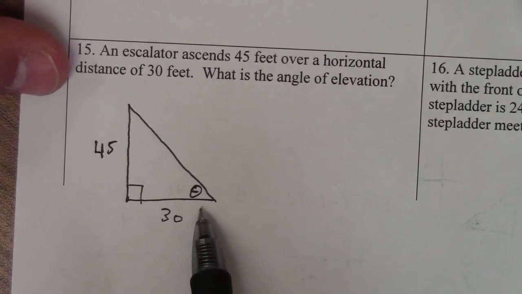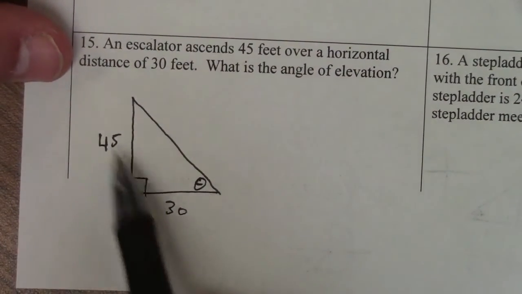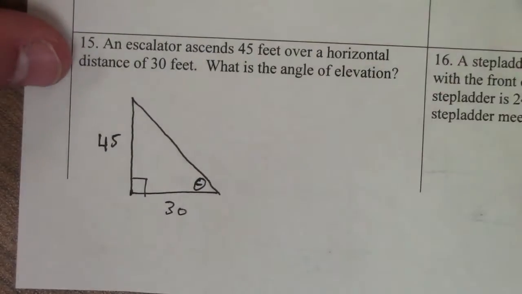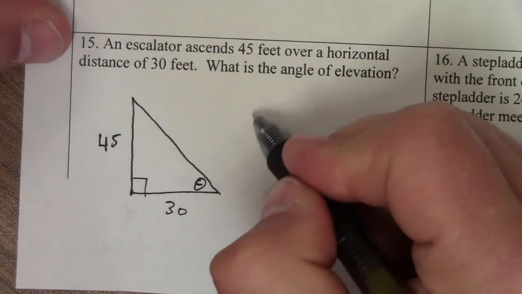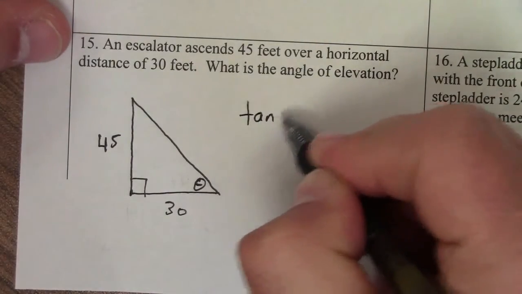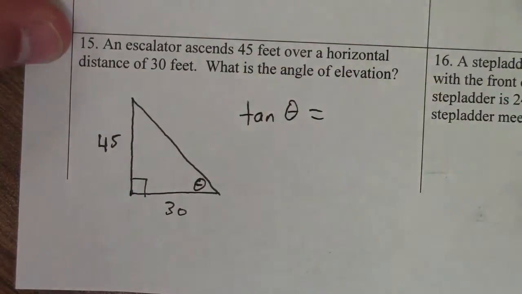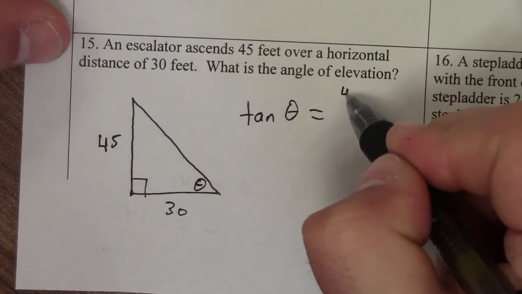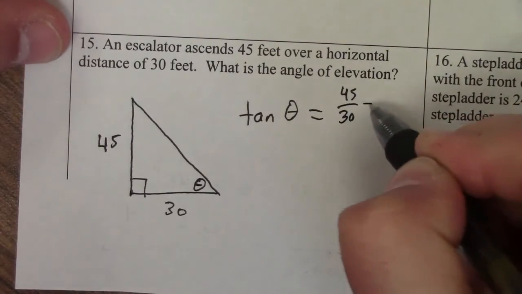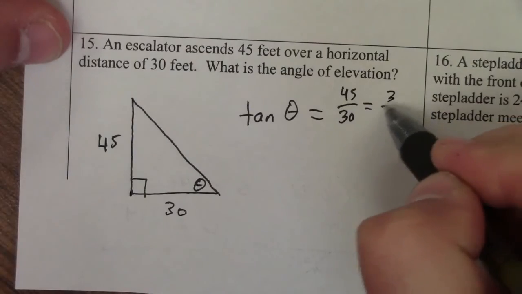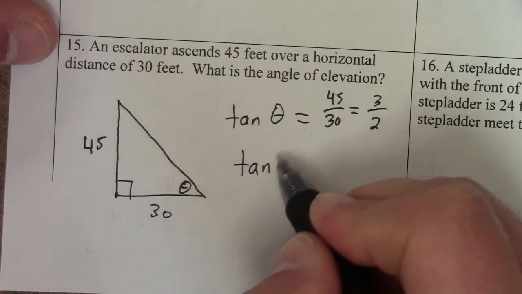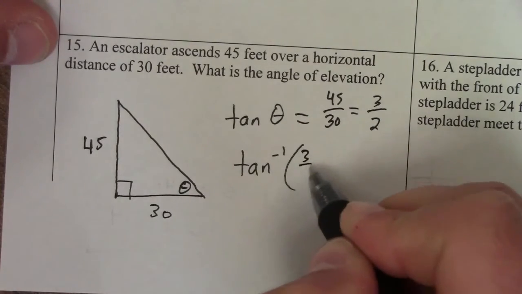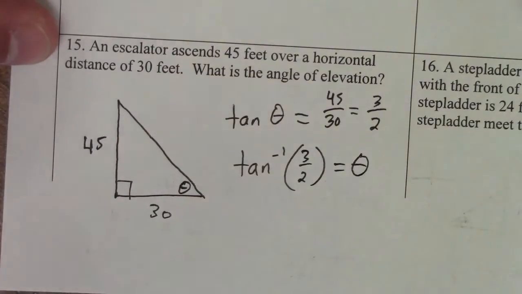So we're trying to figure out what theta value would cause this triangle to exist. So since we're dealing with the opposite and adjacent side, we know that tangent theta has to equal 45 over 30, which we can reduce to 3 over 2. To do this on the calculator, we evaluate inverse tangent of 3 over 2, and that will give us the value of theta.